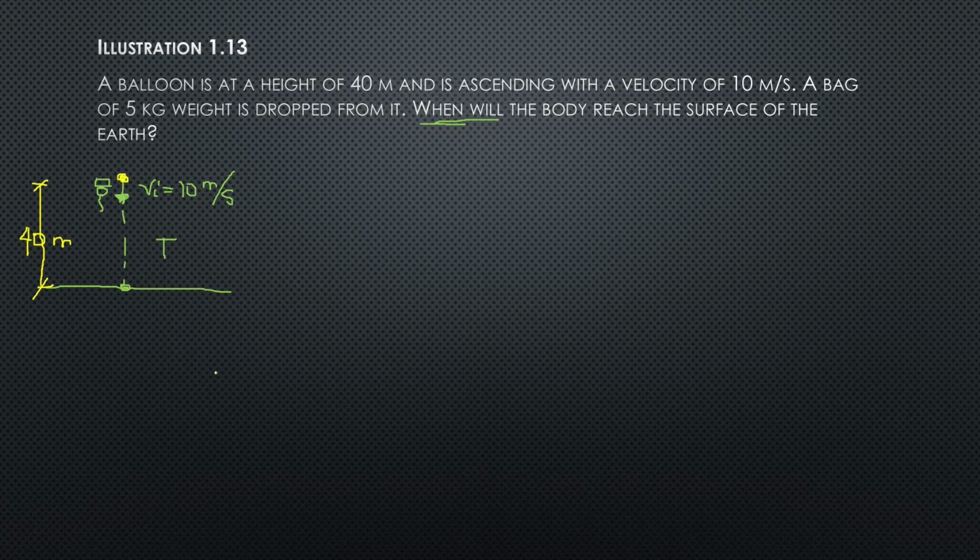So we'll be using displacement. Let's say S is equivalent to initial velocity multiplied by time, then minus 1 half gt squared.